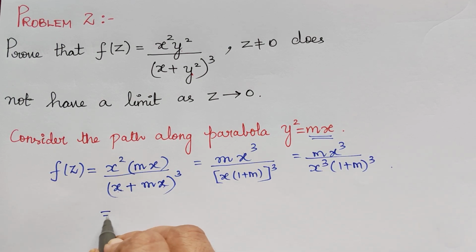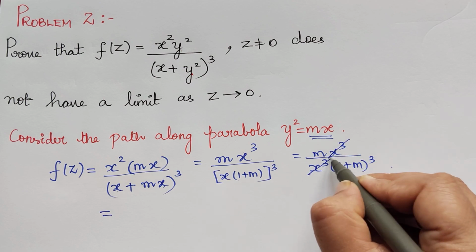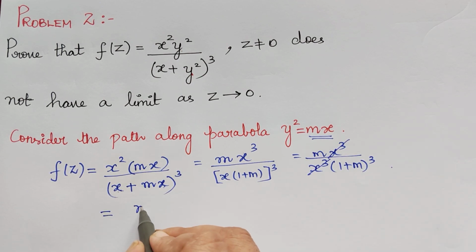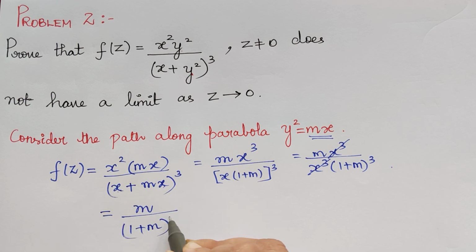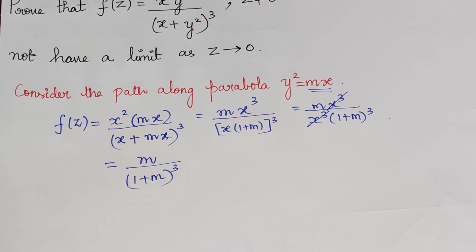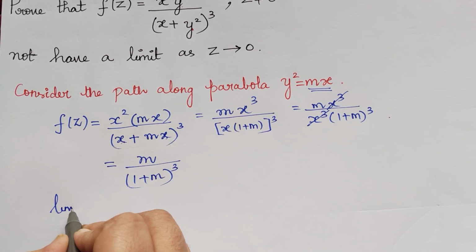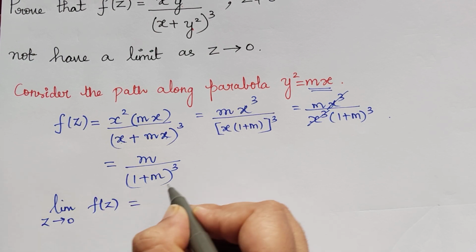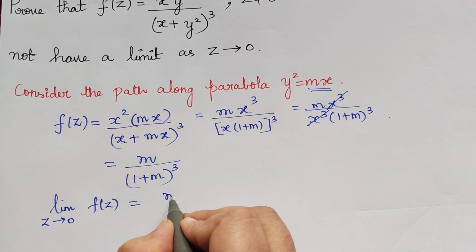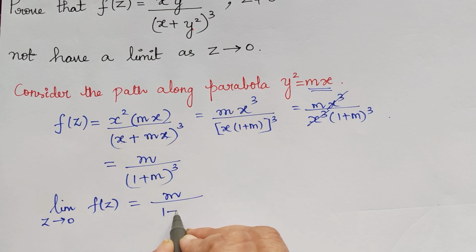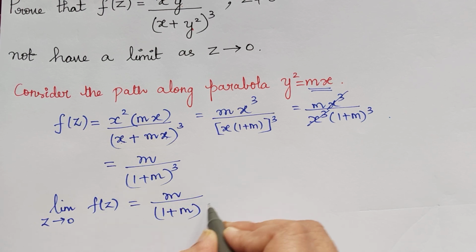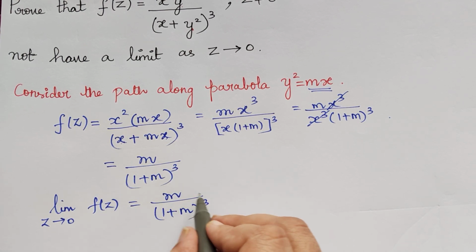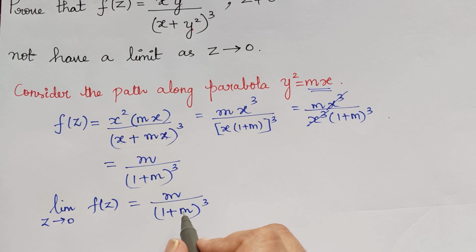And so therefore f of z is equal to, this x cube and x cube gets cancelled, you will be having it as m divided by (1 plus m) the whole cube. So now when you consider the limit z tends to 0 of f of z, since you don't have a z term over here, it is just m by (1 plus m) the whole cube, and this value depends on the value of m.